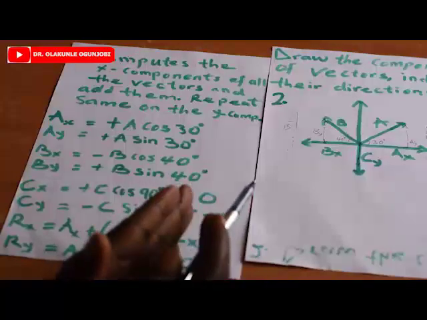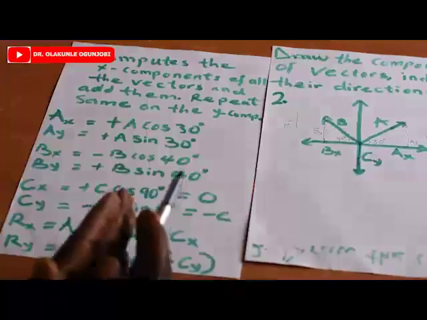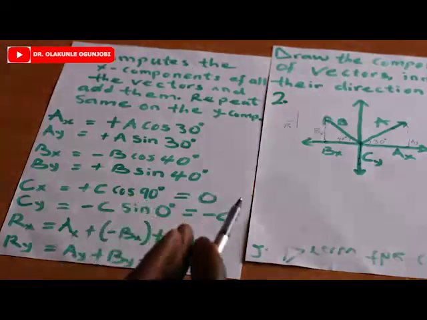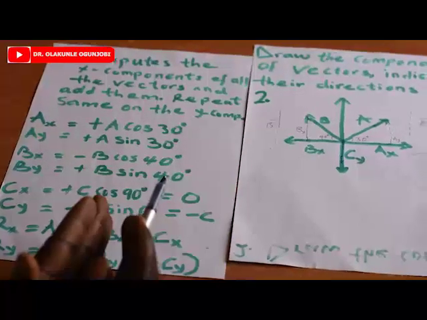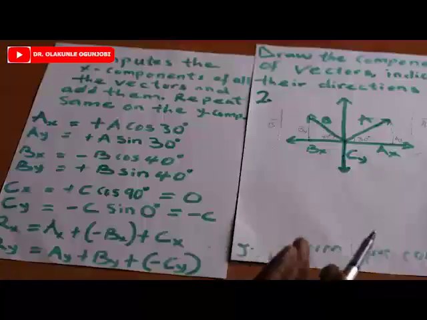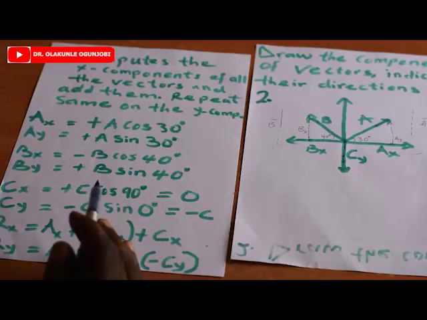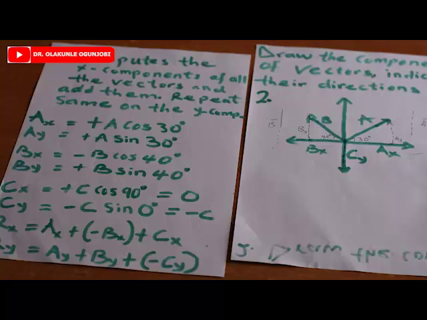So for the x component resolved, you have ax and bx, and for the y components, you have ay and by. Or you follow it through this way.